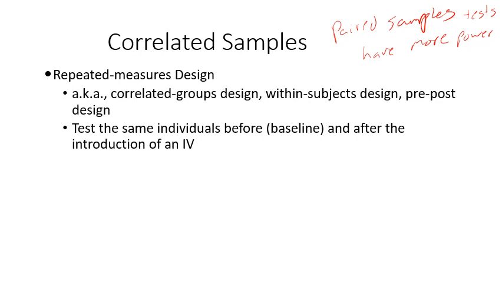This is just like when I talked about before. If you can do a directional test, you do that over a non-directional, but you need a hypothesized reason to do it. Well, if you can do a paired samples test, you do it. That being said, there are specific requirements that must be met to do a paired samples test.